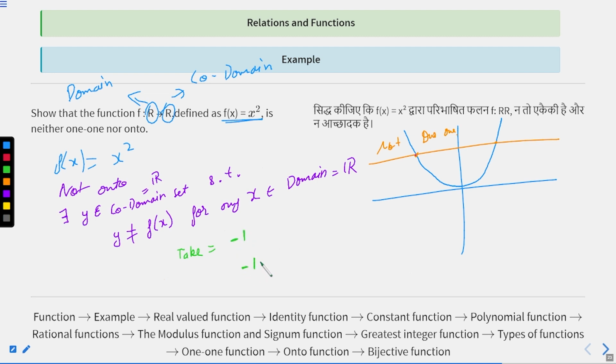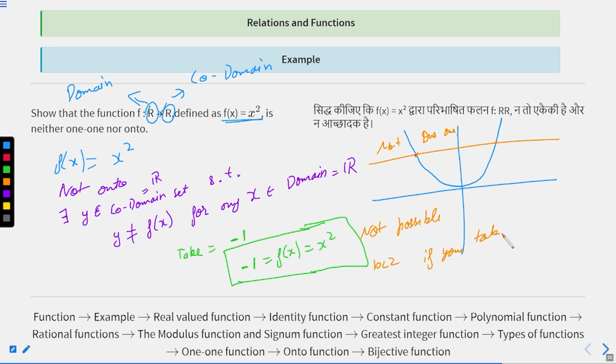So can minus 1 be equal to x square? Can minus 1 equal x square? Or let me write it like this, f of x which is x square. Can this be written? No, because if you take the square of any real number, what will you get?